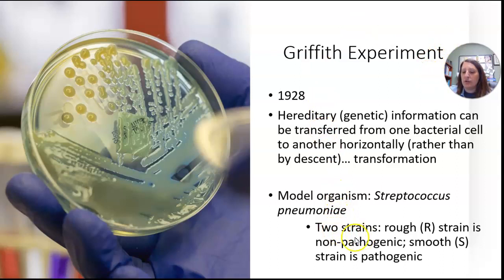There are actually 2 strains of this bacteria. One strain is called rough, represented by R, and the rough strain is not pathogenic. It doesn't cause disease. The other strain, which is called smooth, which we represent with a capital S, is pathogenic. So it does cause disease and death in his mouse model.